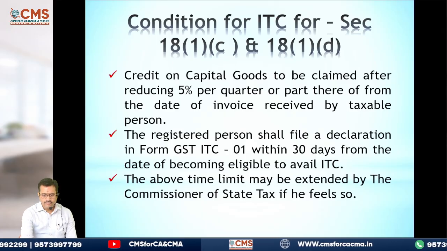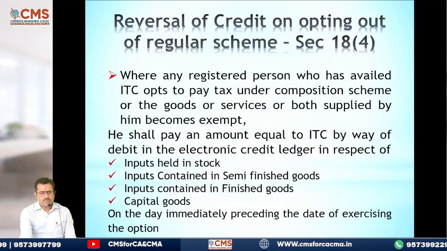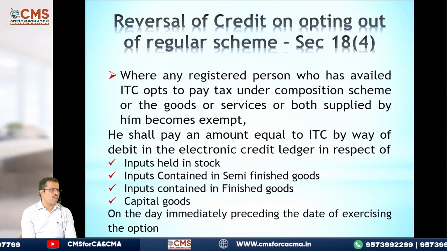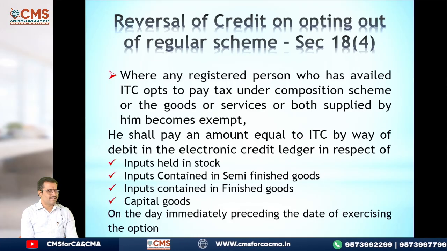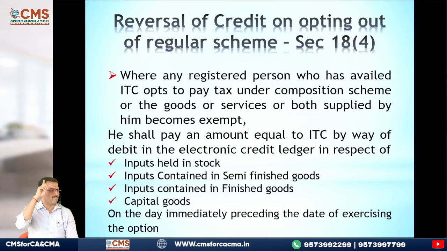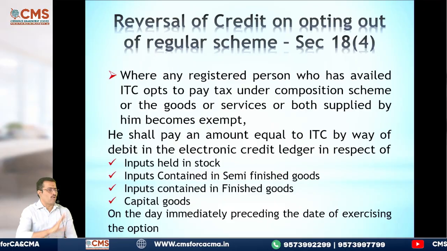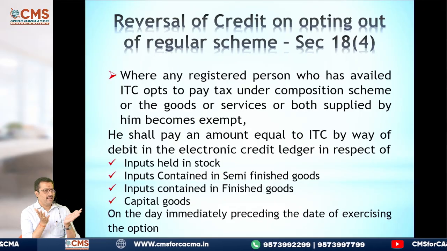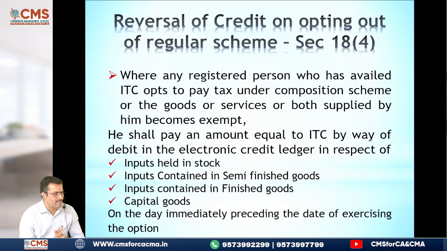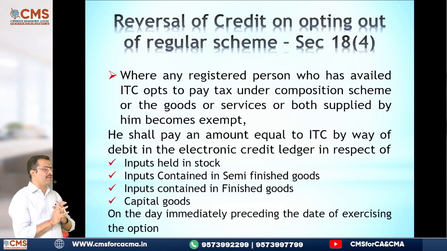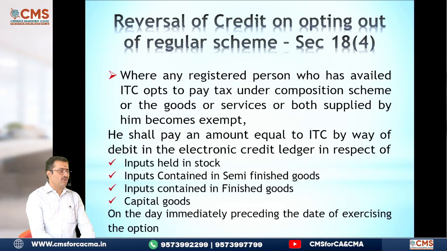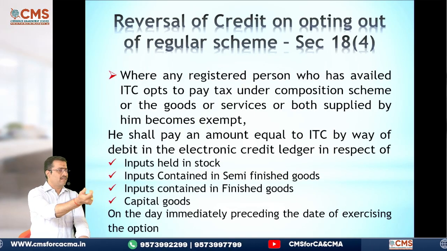Okay. Then we'll do one problem on this, but before that, reversal of credit on opting out of regular scheme. Till now we came from composition to regular in section 18(1) clause C. Now section 18(4). Suddenly, I opted for the composition scheme. For example, last year completely I was in the regular scheme. Was I eligible to avail ITC? Definitely yes. I availed ITC also. That ITC will lie in which ledger?